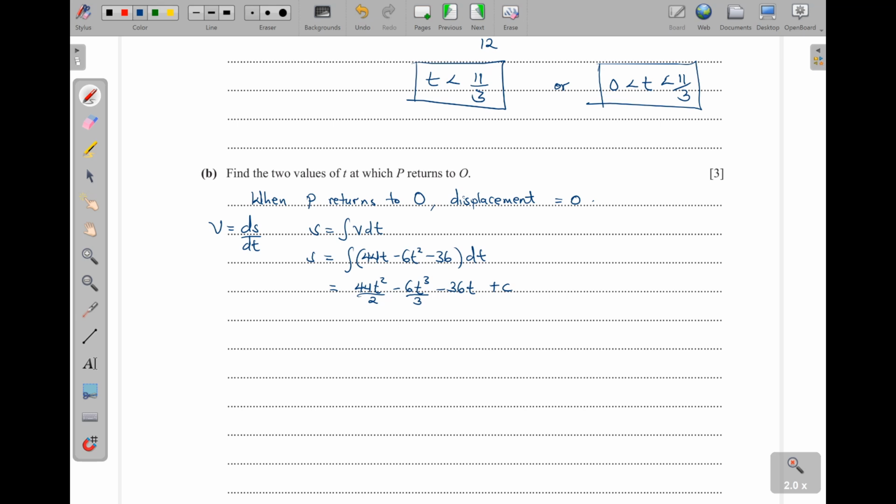When you differentiate a constant, it always disappears. So our s here is going to be equal to 22t squared minus 2t cubed minus 36t plus c.